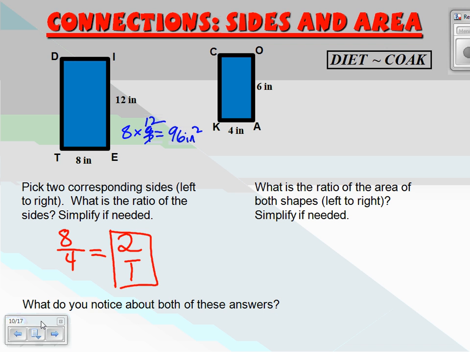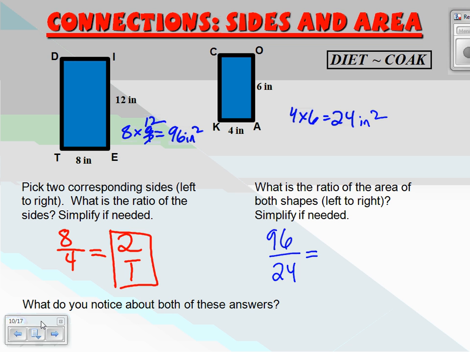Well, that's 4 times 6, which equals 24 inches squared. Okay, let's figure out the ratio of the areas. That's 96 to 24.